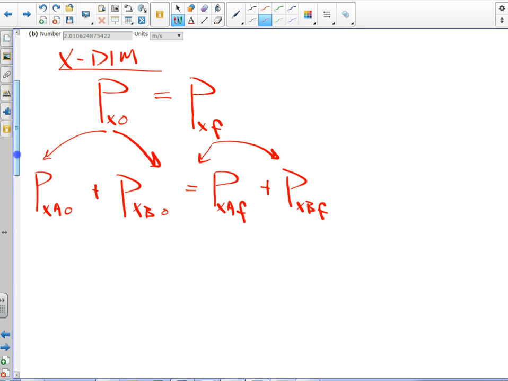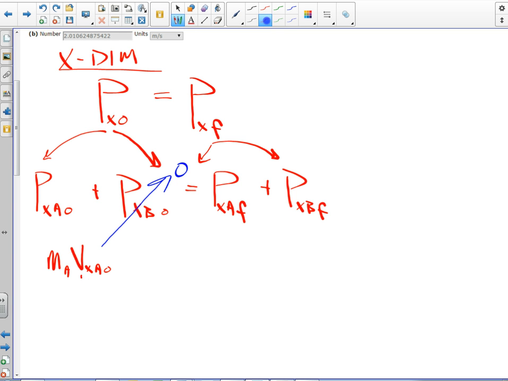Now, if you read the problem carefully, you'll notice that puck B at the start of the problem is just stationary, 0. In the beginning, you have A, which has its mass times its x component of A's velocity originally.